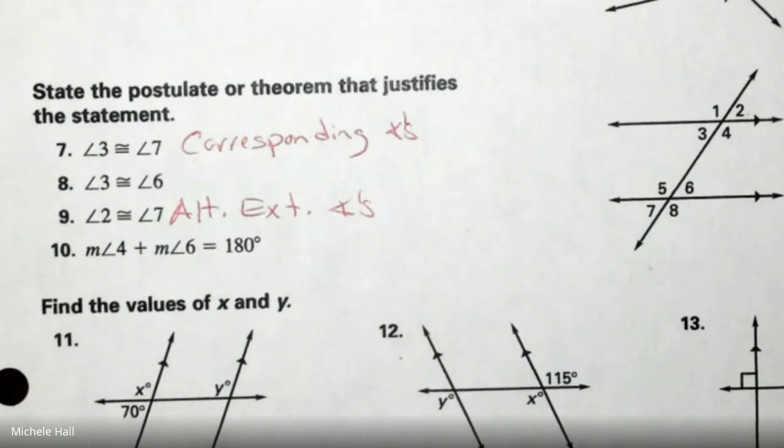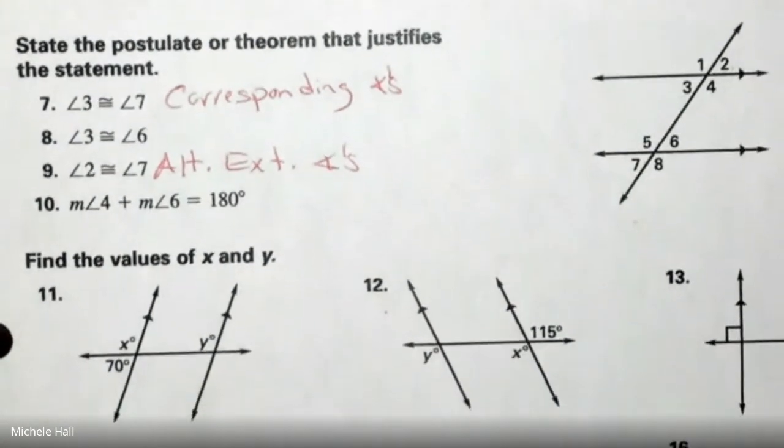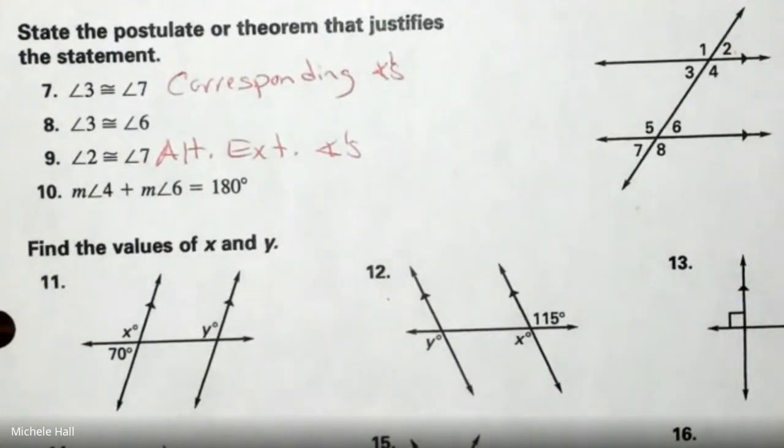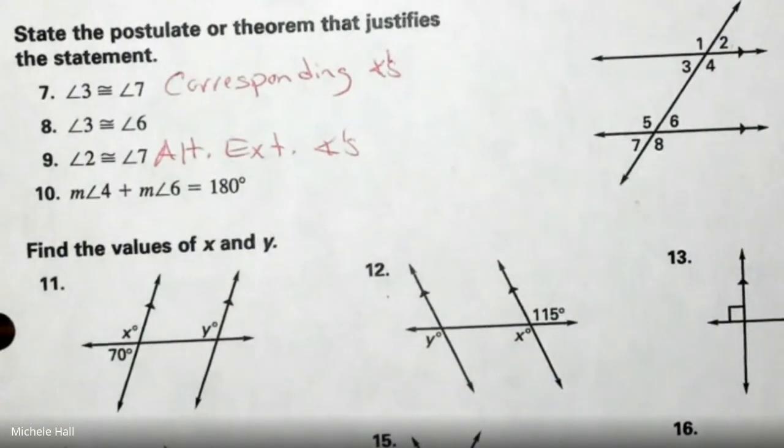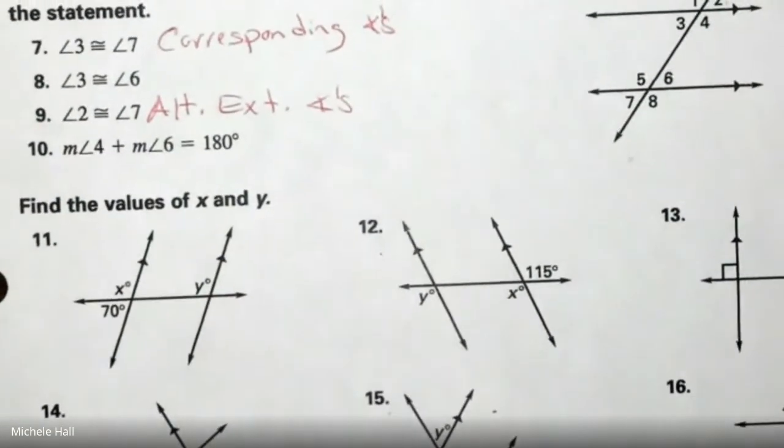Now it's time for some algebra. Number 11, we need to find X and Y. I don't think we need a piece of paper for this one. This one's pretty easy. Number 11, tell me something about X or Y and what rule.